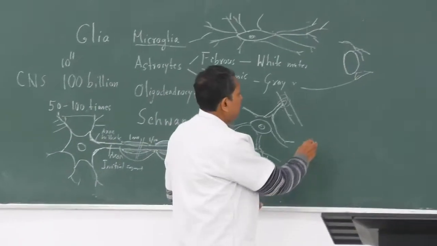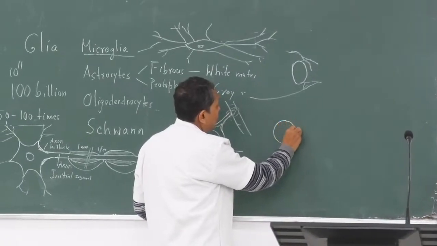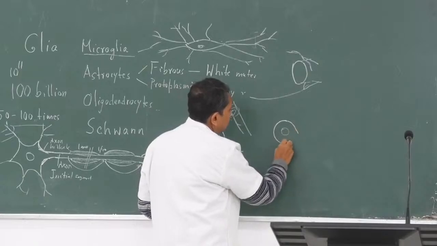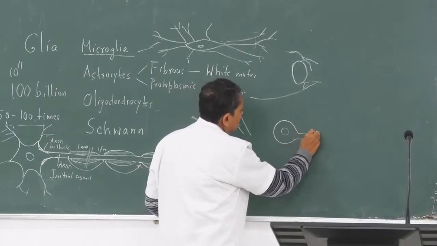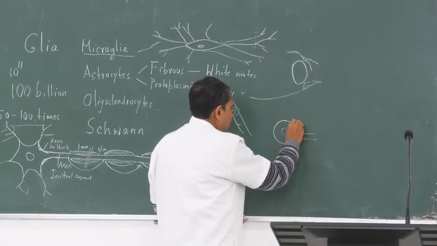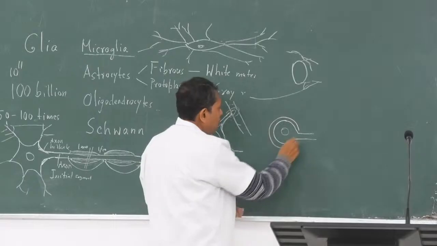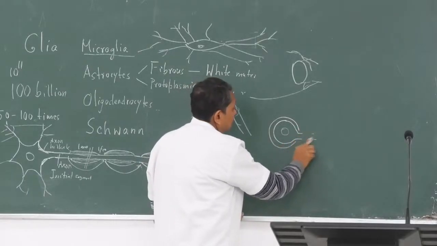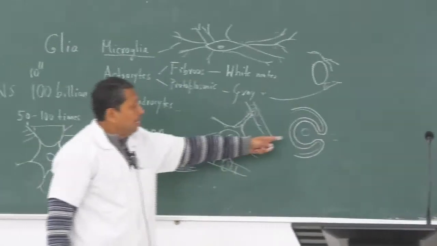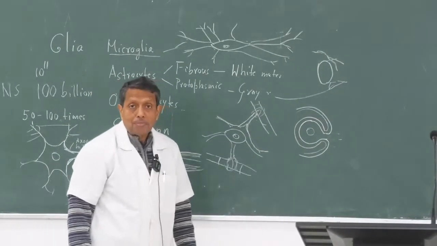Suppose from within the cell, within a Schwann cell or oligodendrocyte, whatever it may be, now it is this inner lamella, and it is the outer lamella. Now, whenever there is rounding, white is the inner lamella of plasma membrane, and red is the outer lamella of plasma membrane.